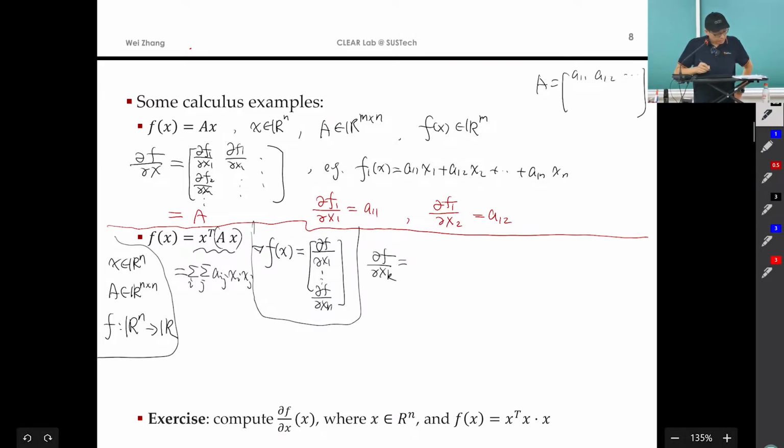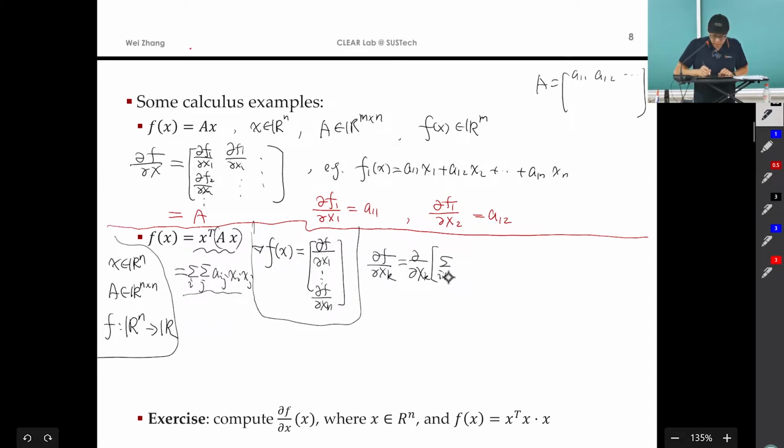That will be, if you arrange all these terms, so you think about this sum of all the square terms, okay? Some of them relate to k, some of them don't. Are you with me? Some of the terms depend on xk, some of the terms don't depend on xk, okay? There are only 3 cases. Okay, partial xk. What is the first one?